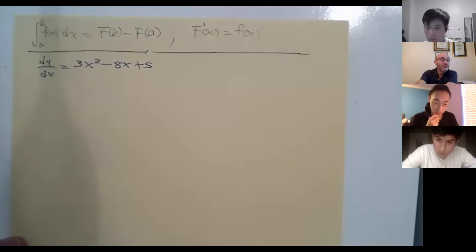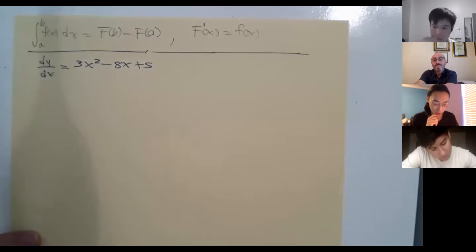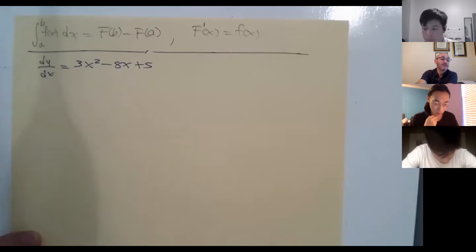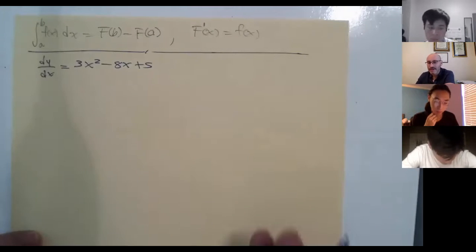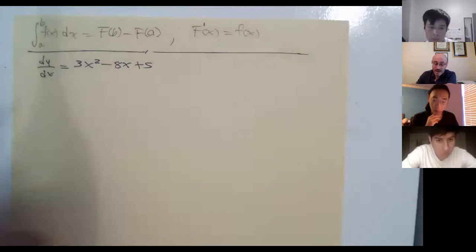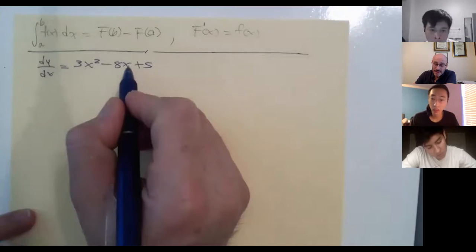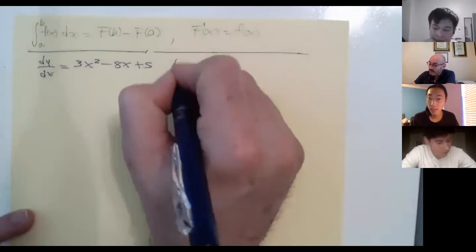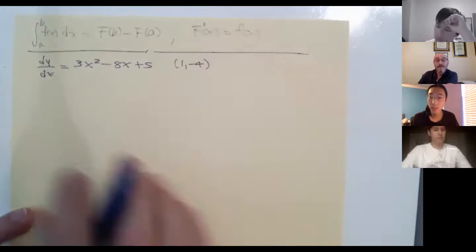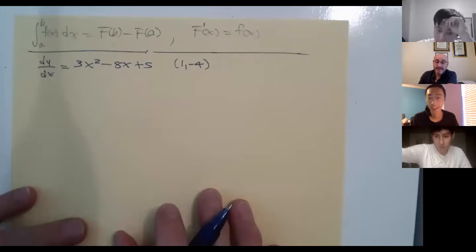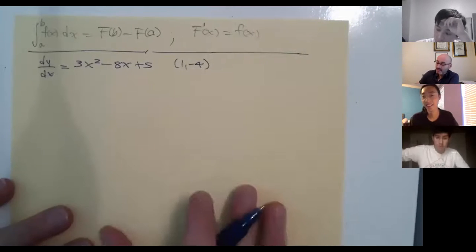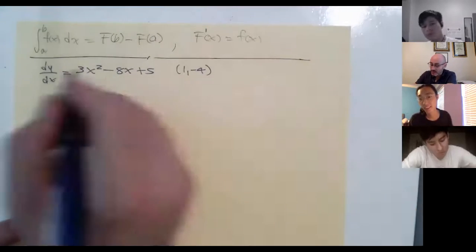If we wanted to find the slope at 5, we just plug in 5 into x. If we wanted to find the slope at 3, we plug in 3. It says that this is the gradient of a curve, and the curve passes through the point (1, -4). Find the equation of the curve.